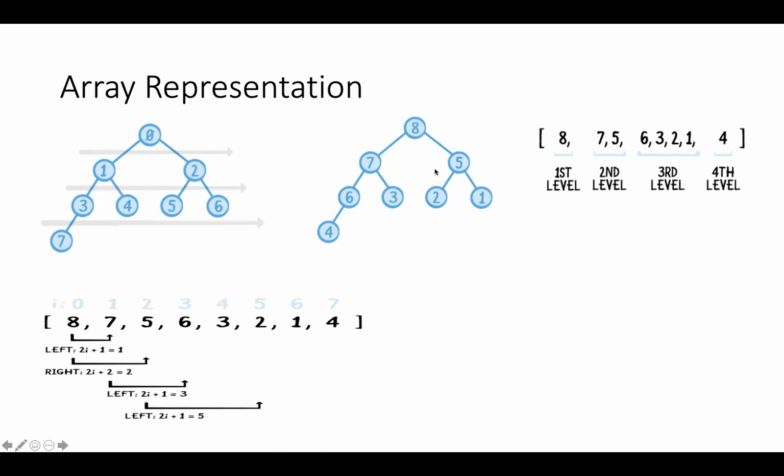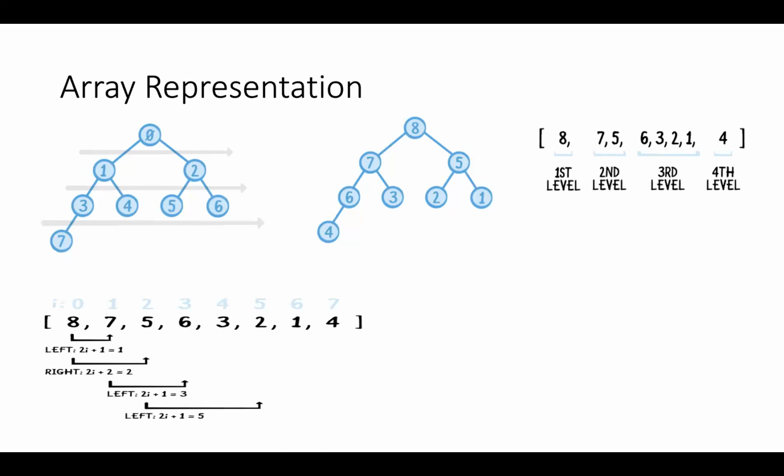If I look here, 8 is my root at index 0. The left child will be 1, the right child 2, then 3, 4, then 5, 6 and 7. That way it has been represented. So if somebody asks what is the parent of a node, I just have to use the logic here for left and right.